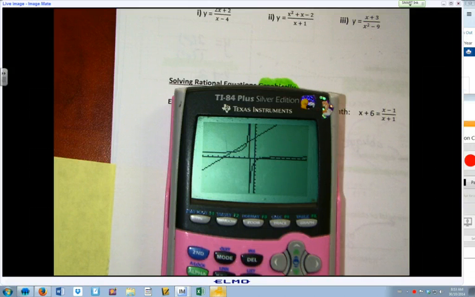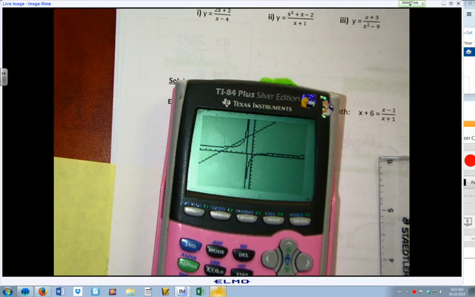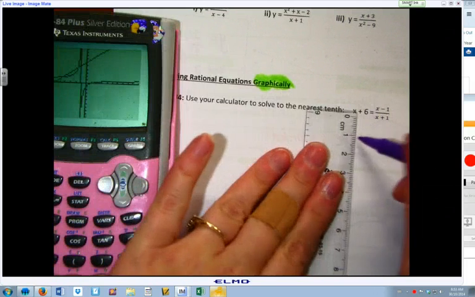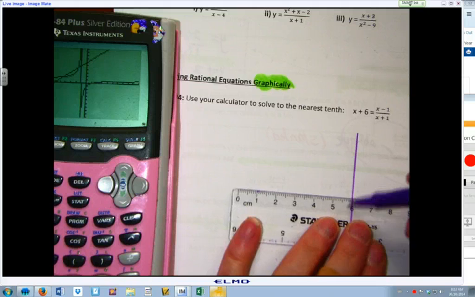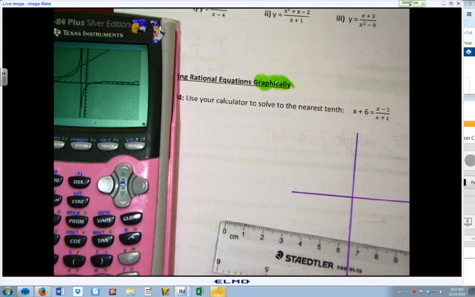So step number 1, to get our first point, draw it. So just a little sketch of what you see. We use rulers because we're civilized people.